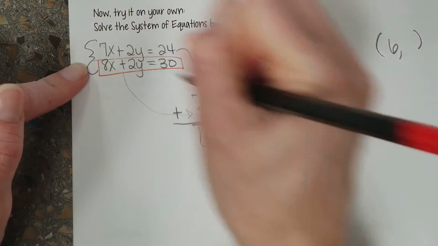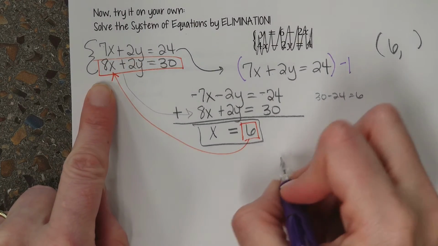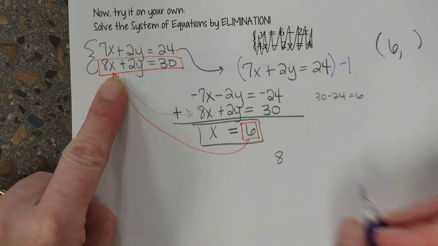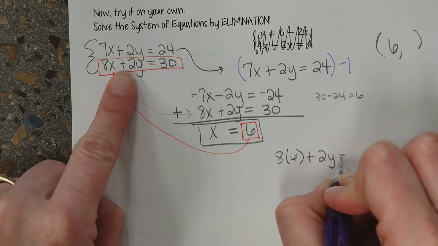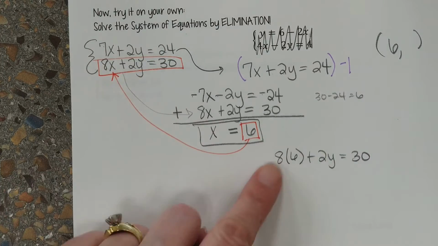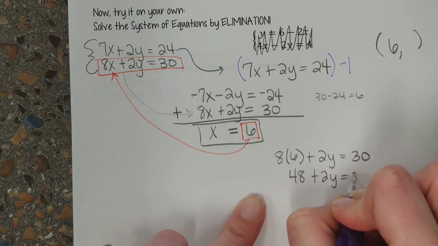So we're going to put that x right into there. Okay? All right, so we have 8, and then instead of multiplying it by x, we're multiplying it by 6, plus 2y equals 30. 8 times 6 is 48, plus 2y equals 30.